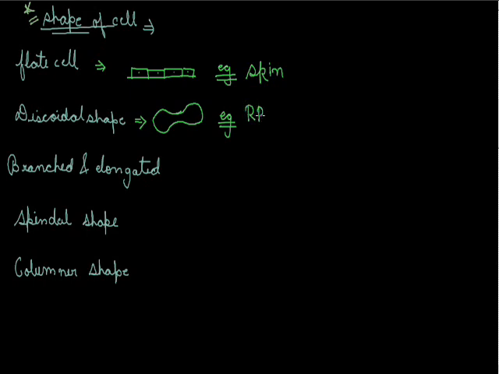These are the red blood corpuscles of mammals, and basically humans. The branched and elongated cells look like this, and these cells are found in our nervous system and are called nerve cells.